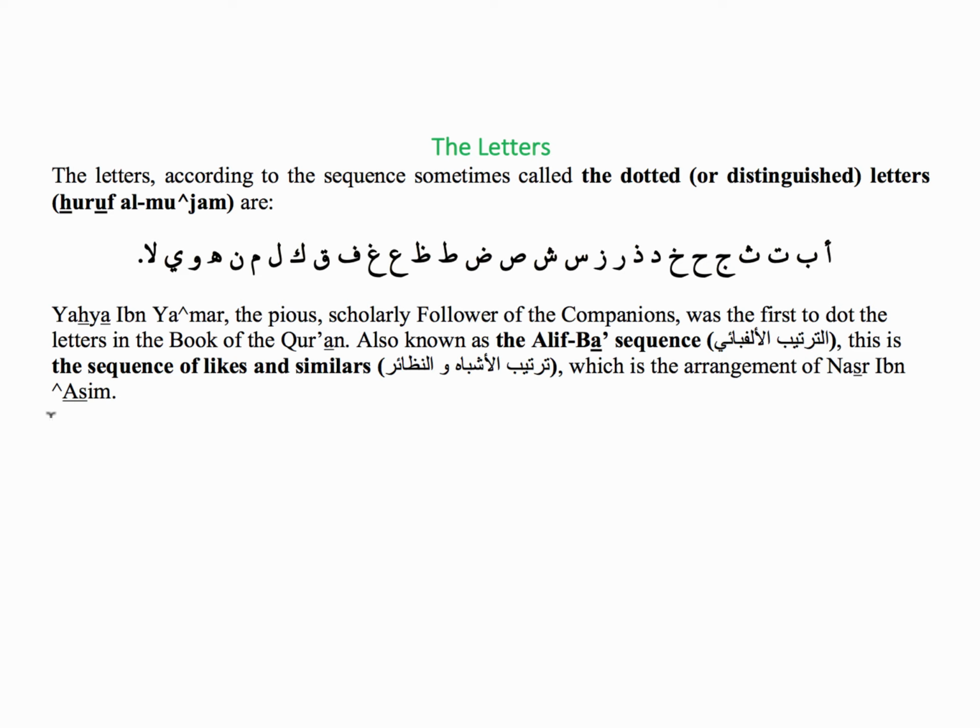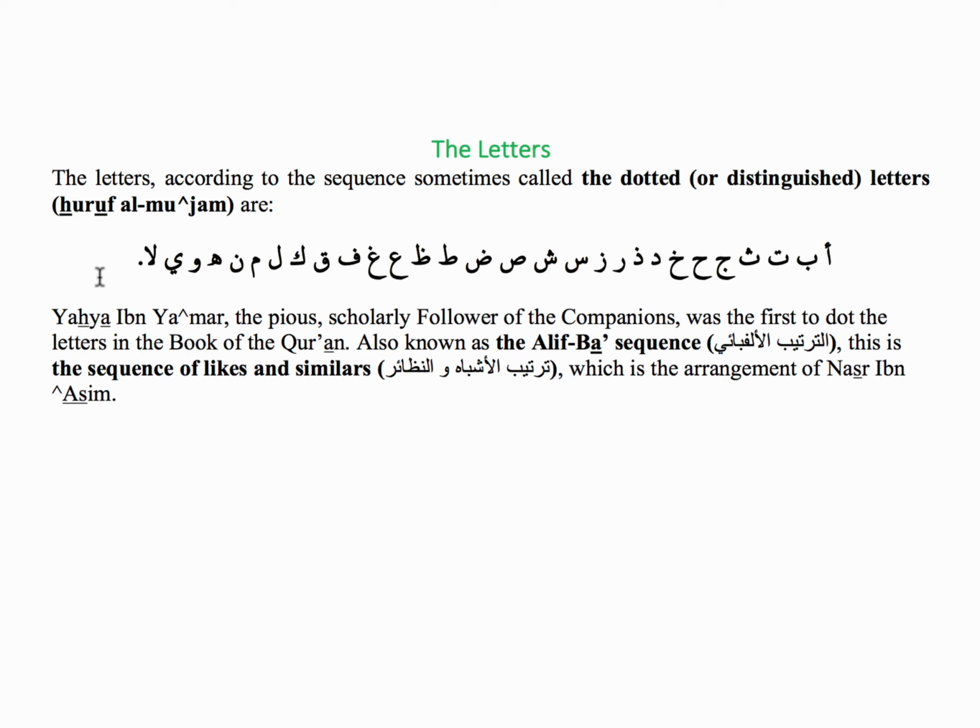Also known as the alif-ba sequence, at-tartib al-alif-ba'i. This is the sequence of likes and similars, tartib al-ashbahi wal-nazair, which is the arrangement of Nasr ibn Asim. What that means is that this sequence we're talking about has three names. We already mentioned one name, huruf al-mu'jam.